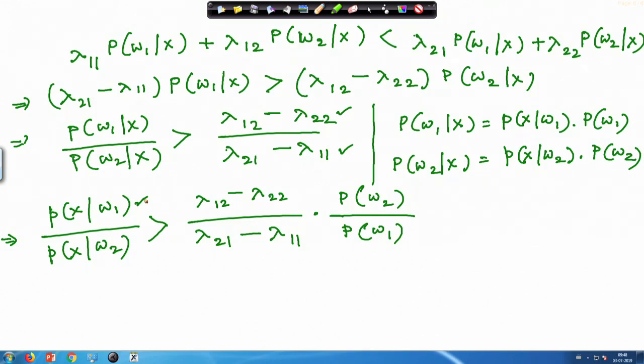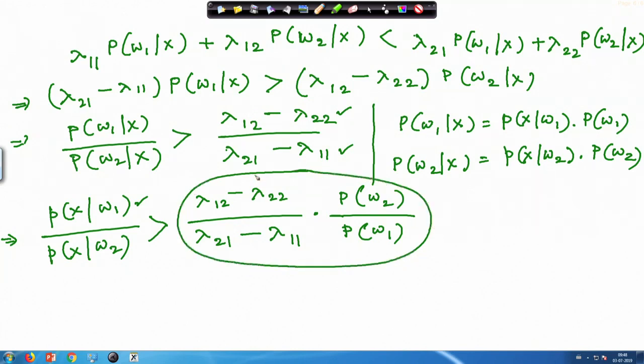So, going by that, you find that on the right hand side of this inequality, that is (lambda 1 2 minus lambda 2 2) upon (lambda 2 1 minus lambda 1 1) into p of omega 2 upon p of omega 1, this is independent of x. So, a decision in favor of class omega 1 can be taken if the likelihood ratio is greater than a certain threshold, where the threshold is given by this.